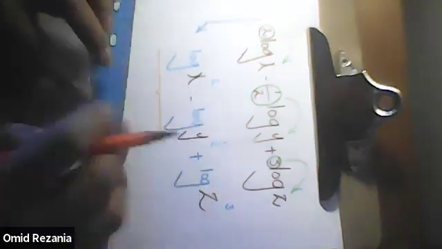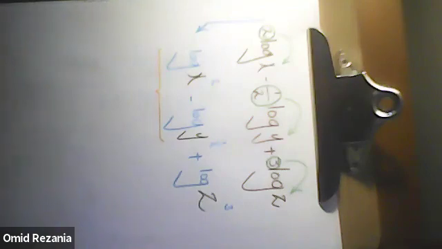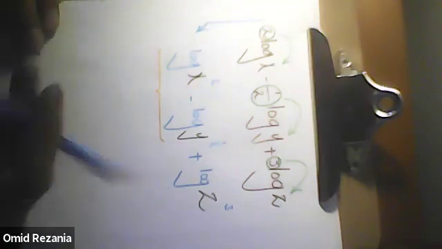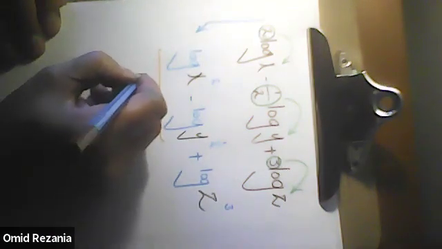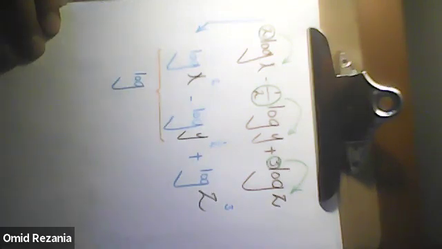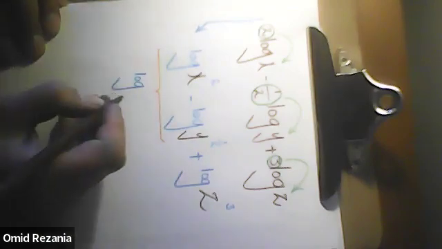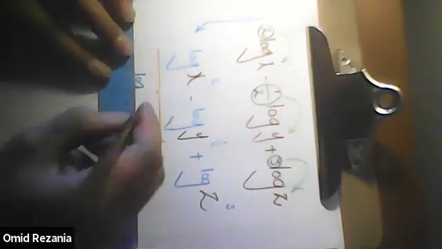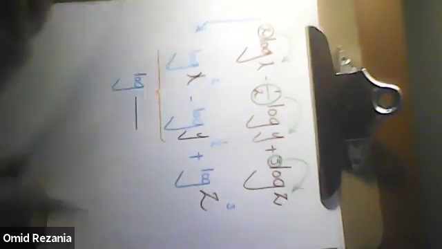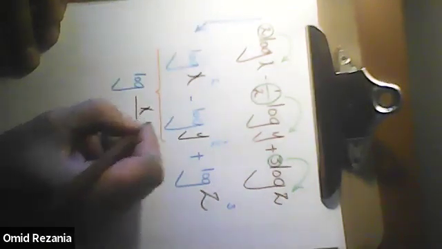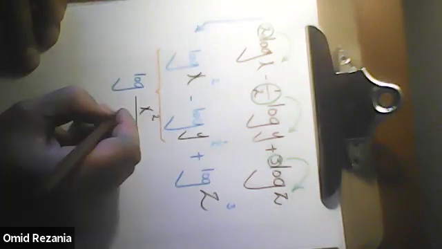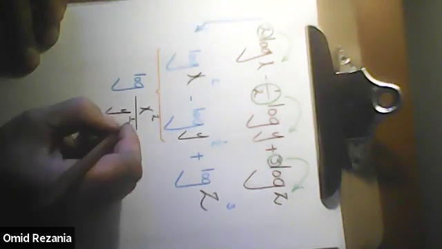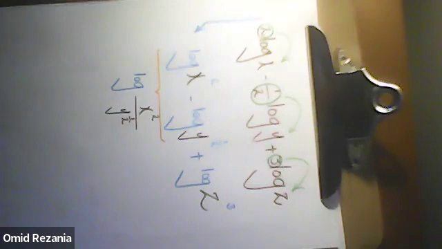By just looking at these 2 terms, I can write them as the log of x squared divided by y to the power 1 over 2. Correct?